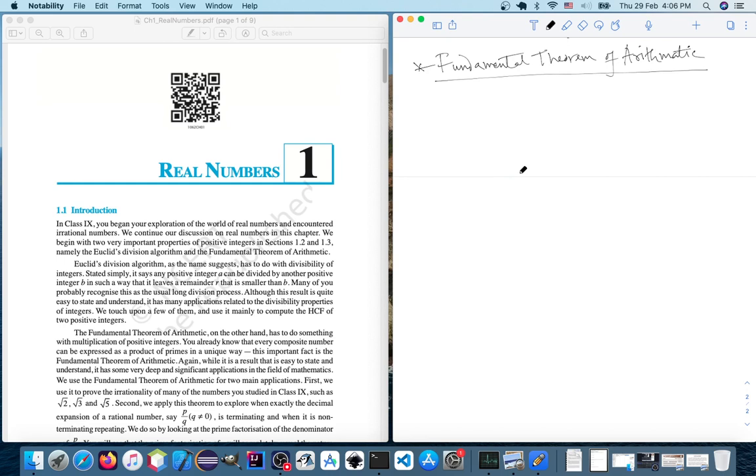How is the fundamental theorem of arithmetic applied in mathematics? It says, on the other hand, it has to do something with multiplication of positive integers.